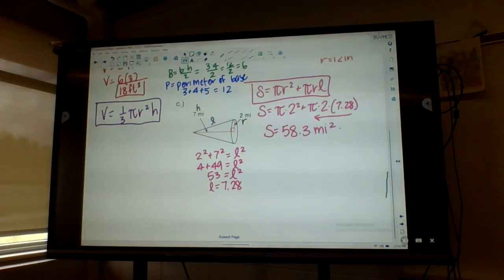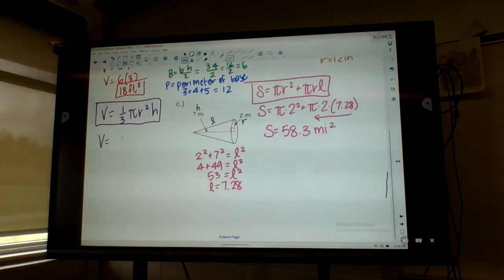So I got like 58.3 miles squared for my surface area. And the volume's pretty straightforward, however you go about that.